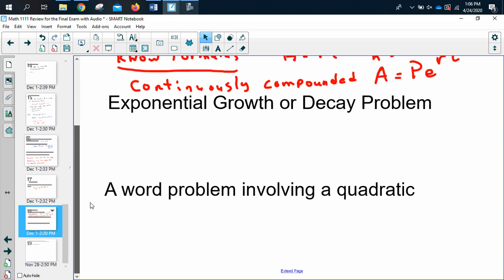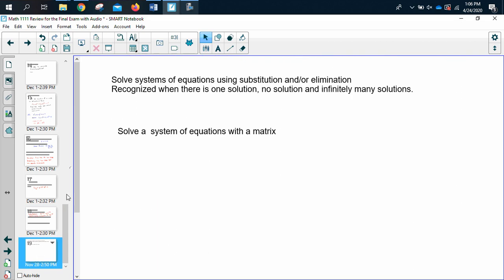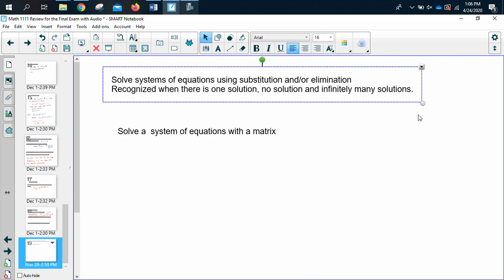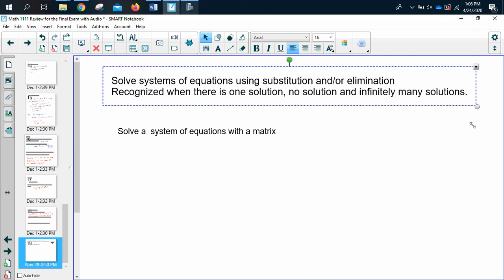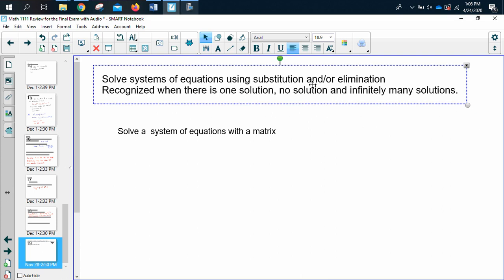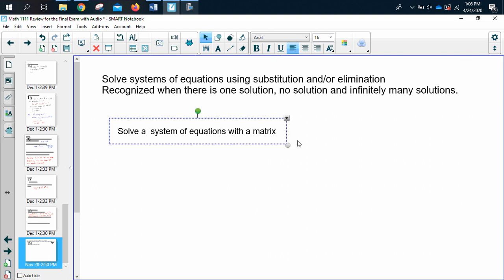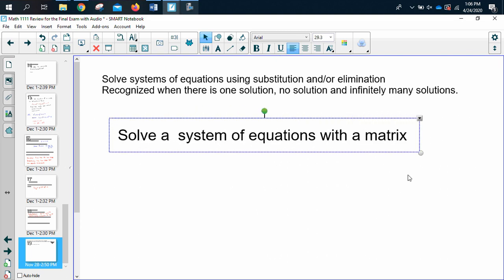A word problem involving a quadratic, we already mentioned that. And then the last couple of things, solve an equation using substitution and or elimination, and recognize when there is one solution, no solution, and infinitely many solutions, and solve a system of equations with the matrix.